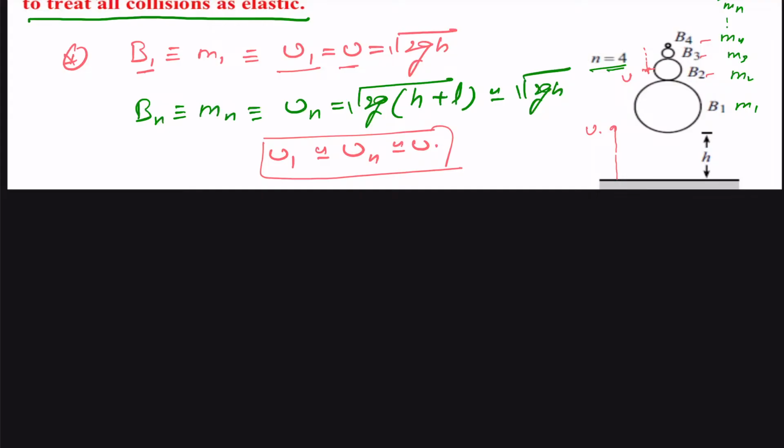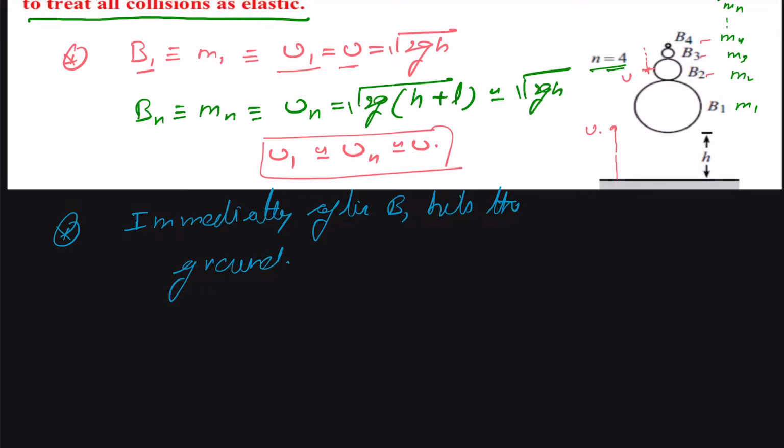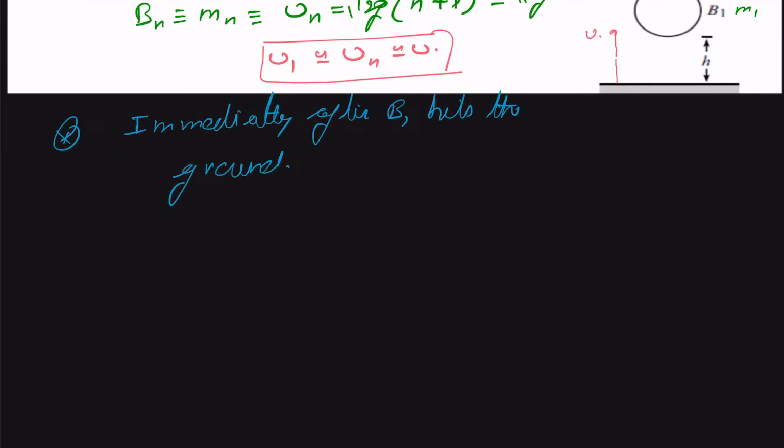Therefore we can say that immediately after b1 hits the ground, and because the collision is elastic, only the direction will change, the magnitude of velocity will be the same.